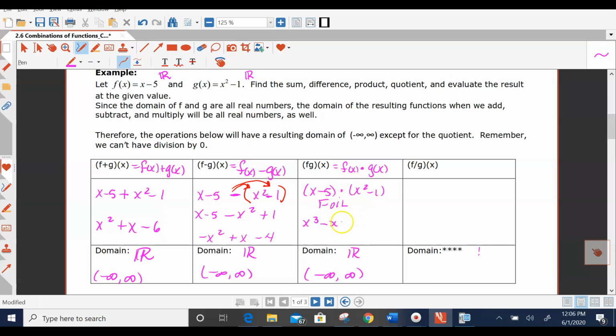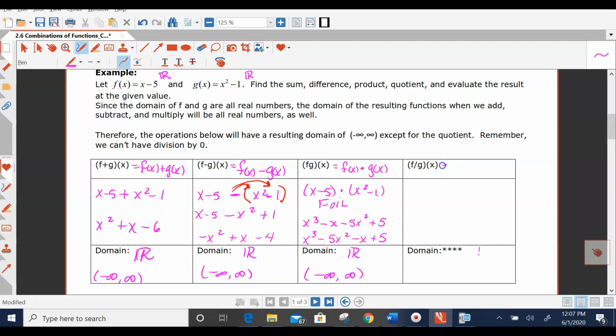Negative 5 times x squared is negative 5x squared. Negative 5 times positive 1 is positive 5. Now let's see if we can combine any like terms and then write this in descending powers. No terms to combine, so I'll have x cubed minus 5x squared minus x plus 5, and that would be our ending result.